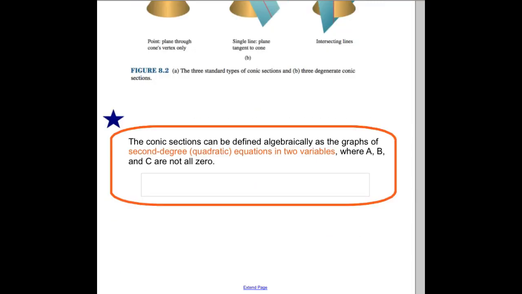All right, it says the conic sections can be defined algebraically as the graphs of second-degree equations in two variables, where a, b, and c are not all 0. It looks like this. So we have some x squareds, we have some xy combined terms, we have some y squareds, we have plain x's, plain y's, and a constant.